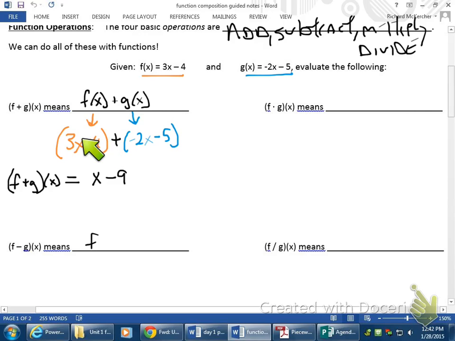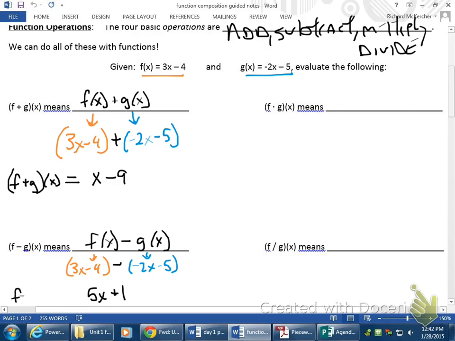So I'm just adding like terms together. I can do the same thing with subtraction. So again, this should be pretty straightforward. When I subtract, of course, I need to remember to subtract a negative and to subtract a negative 5. Okay, so just be careful with your subtraction there.